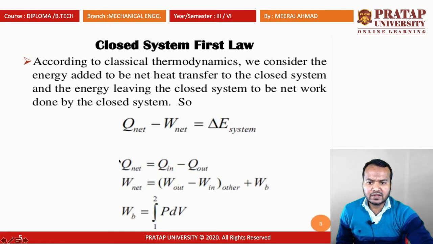The net heat is the heat input to the system minus the heat output from the system. So, you can find the net work done. Net work done is equal to work output minus work input, plus the work W_B by the system, and this work W_B is equal to the PdV work.